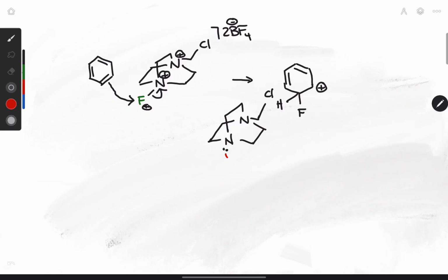So this guy is going to take it here, and then this is going to form a pi bond over there, which gives us our final product.